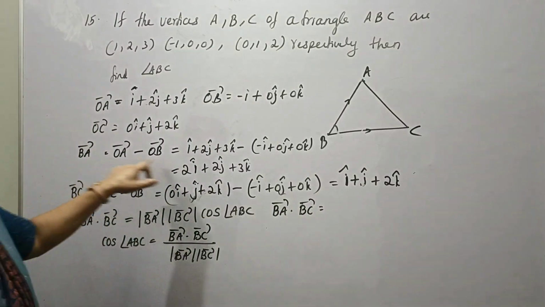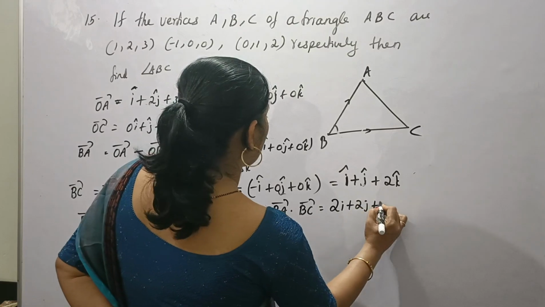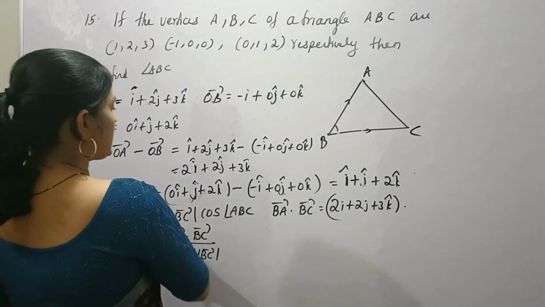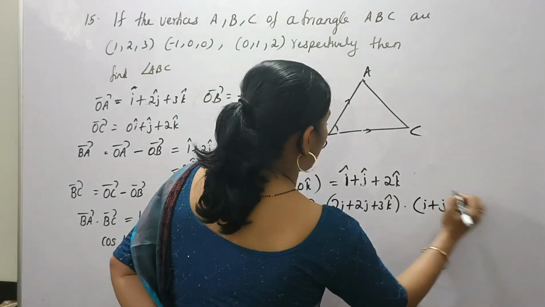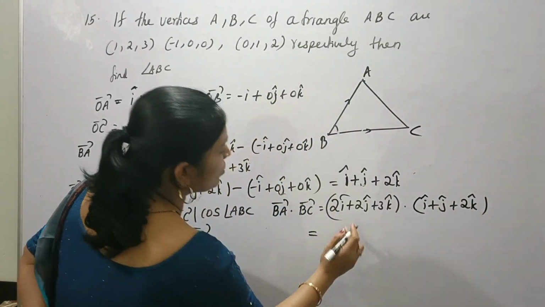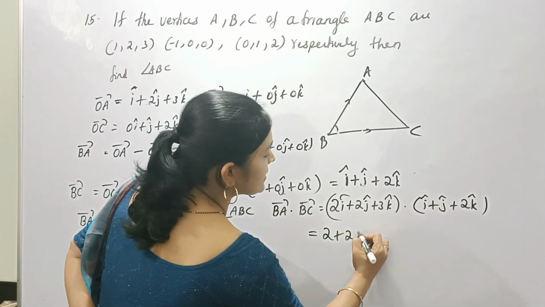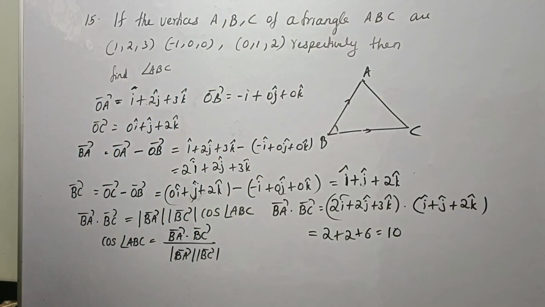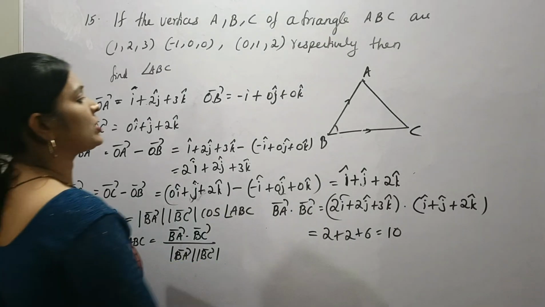Vector BA is 2i plus 2j plus 3k, dot vector BC, which is i plus j plus 2k. That is 2 into 1, 2, plus 2, plus 6, that is 10. So vector BA dot vector BC is equal to 10. Next is the magnitude of vector BA.